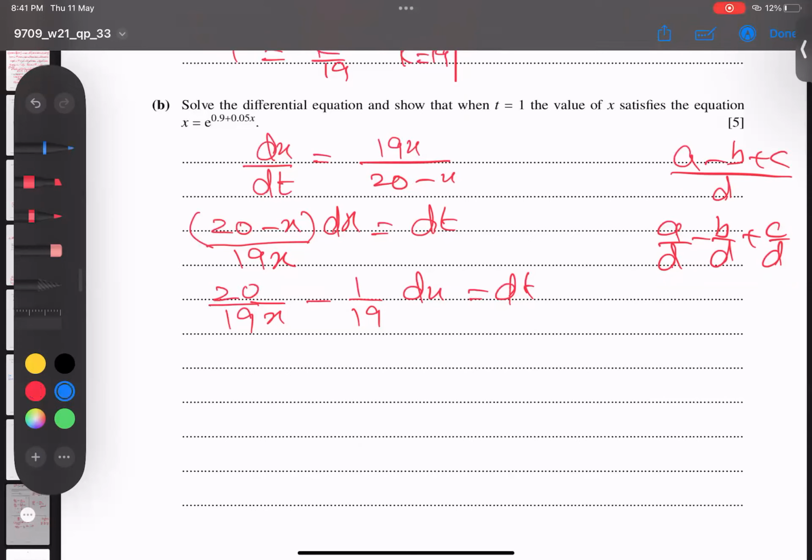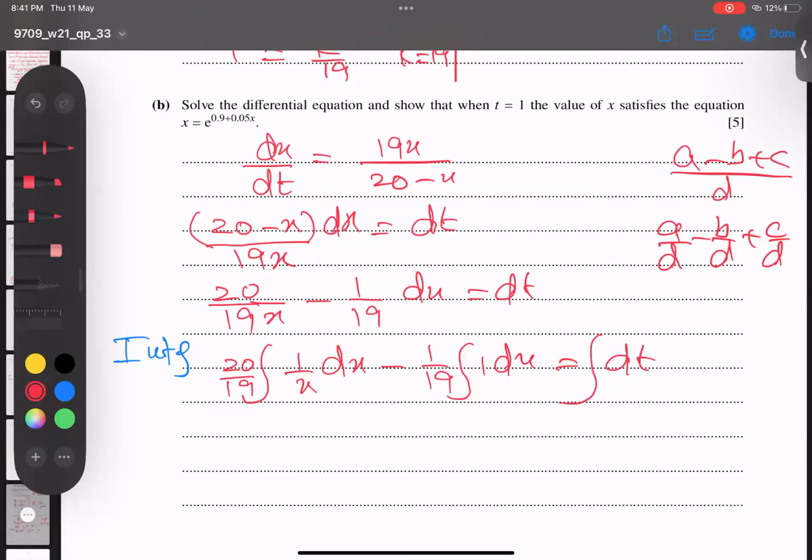Integrating both sides, students. When I integrate, I can write this 20 by 19 inside or outside, no effect. I am writing it like this, and 1 by x inside. And 1 over 19, inside or outside, no problem at all, and dx here. So you see, when integrating, I brought the numbers out.